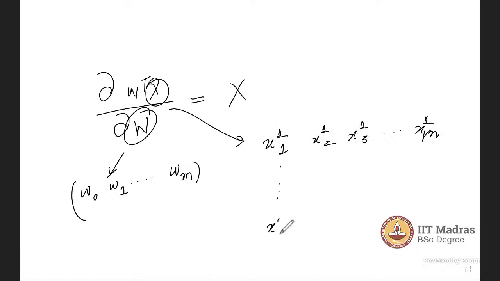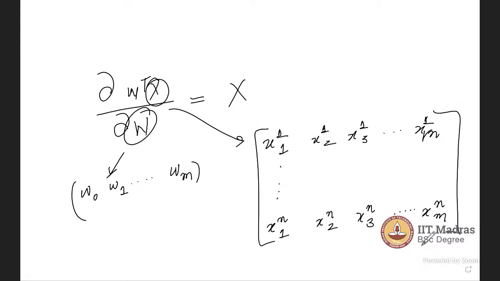Similarly, there will be the nth sample in which there will be all these features. So the size of this will be n by m.